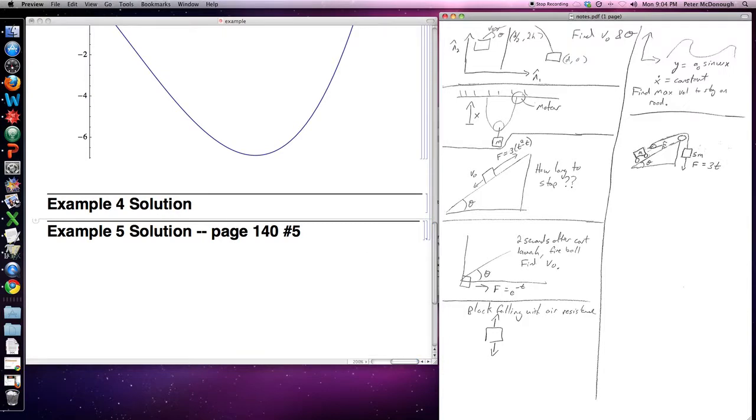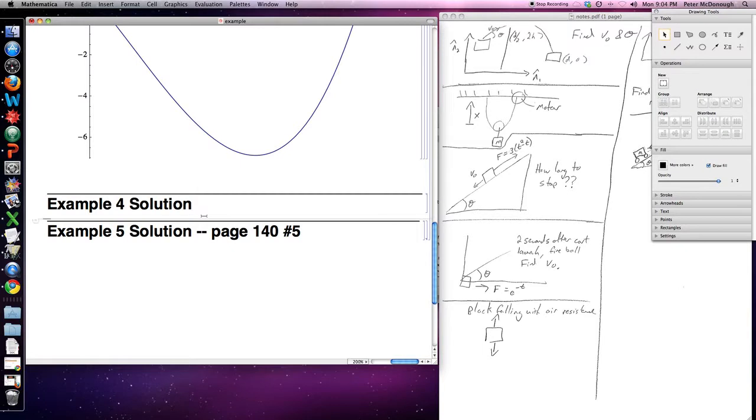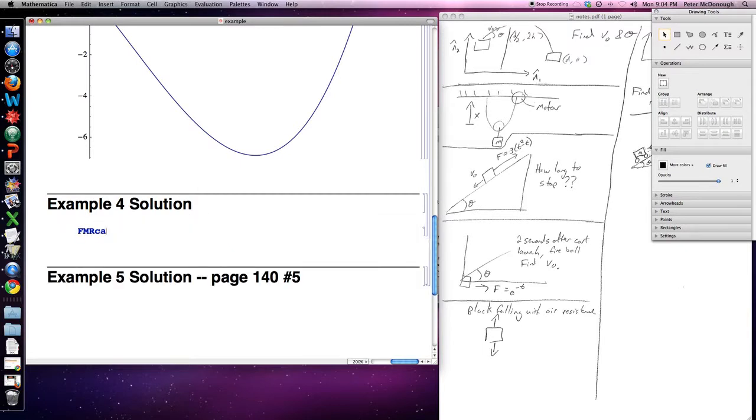So let's make a force motion relationship in my cart code. So FMR cart is equal to, we'll make this a vector function since I've got 2 dimensions here, 0 in the y direction, and in the x direction my force is exp of minus t.